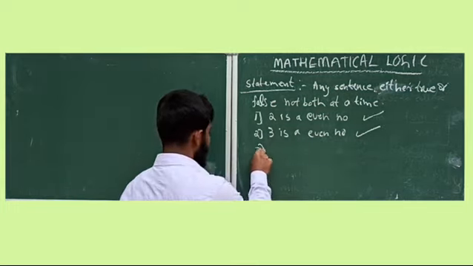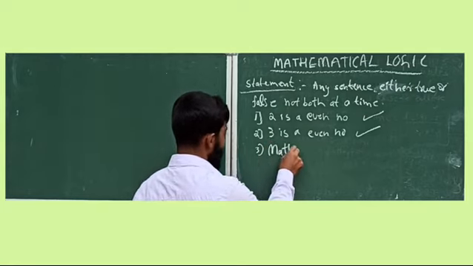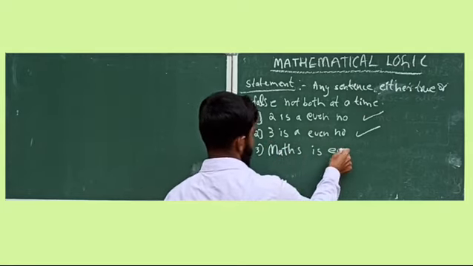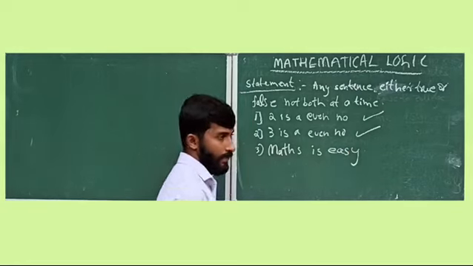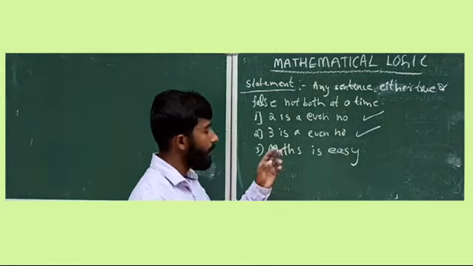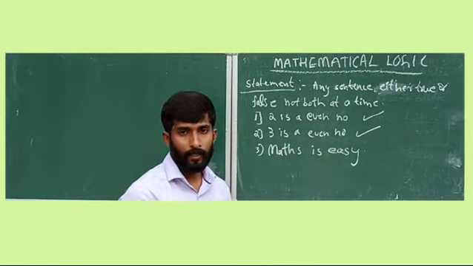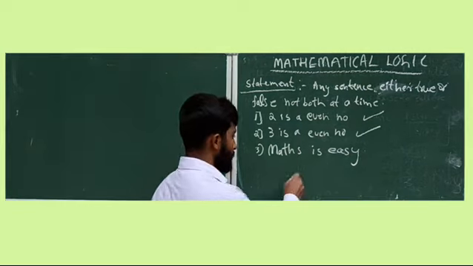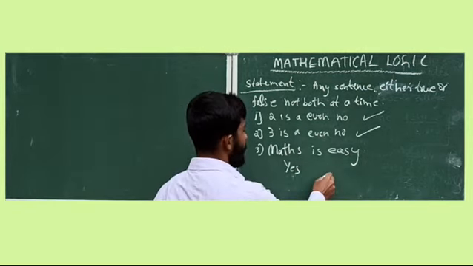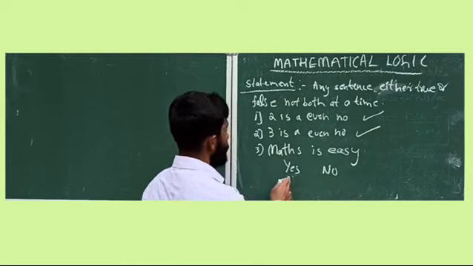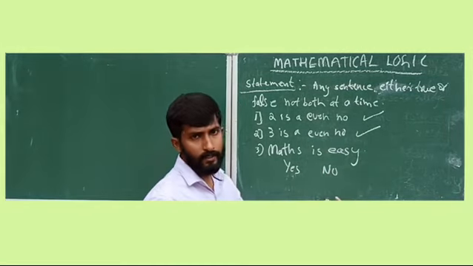Third example, maths, it's easy. Consider this sentence. This is not an example for a mathematical statement. Why? Some people say yes, some people say no. Sometimes it's true, sometimes it's false.